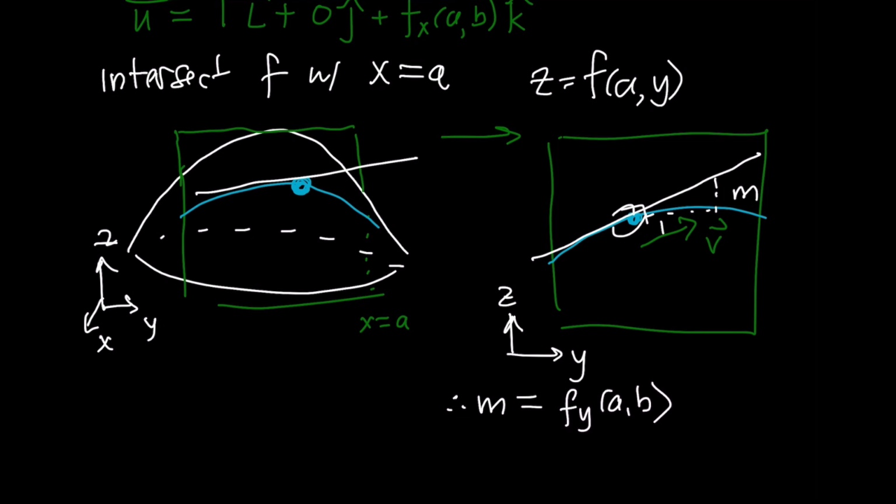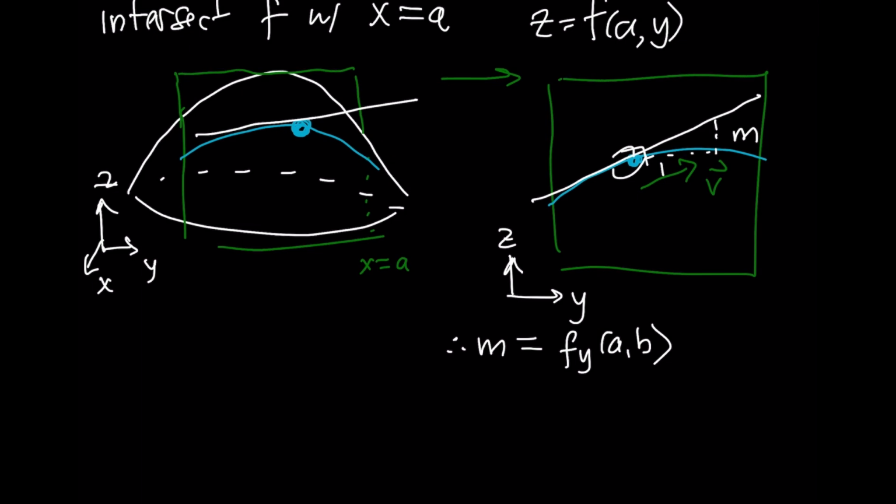And so the vector that points in the direction that I'm interested in, because I'm at a fixed x coordinate, there's no change in the x direction. If I change 1 unit in the y direction, I will now have to change this many units in the z direction.